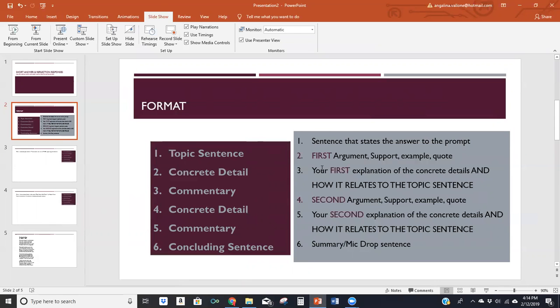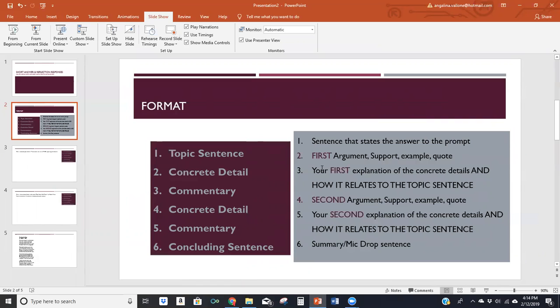What are those? So a topic sentence, especially for these kinds of questions, essentially is your answer in a single sentence. If they ask what the theme of any Marvel movie is, you could talk about how never giving up accomplishes great deeds. So the prompt was, what is the theme of any Marvel movie in the world?